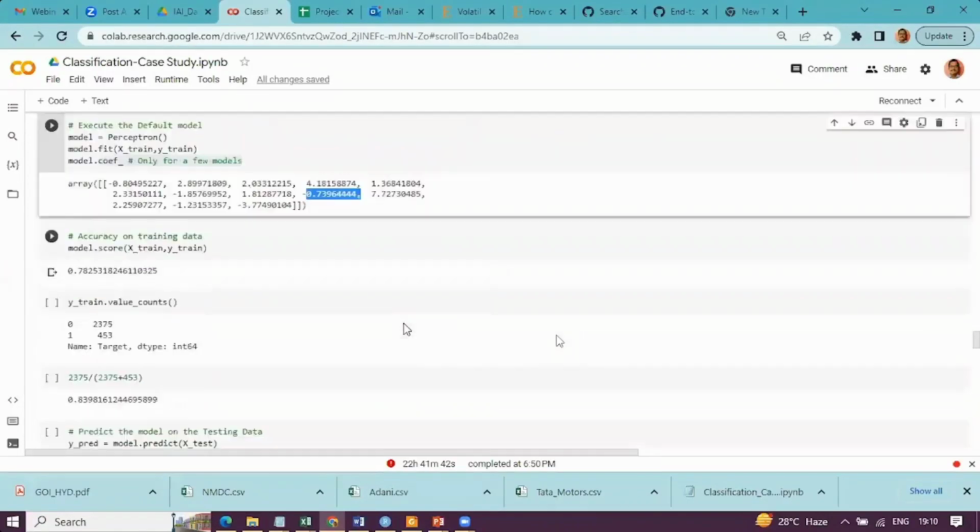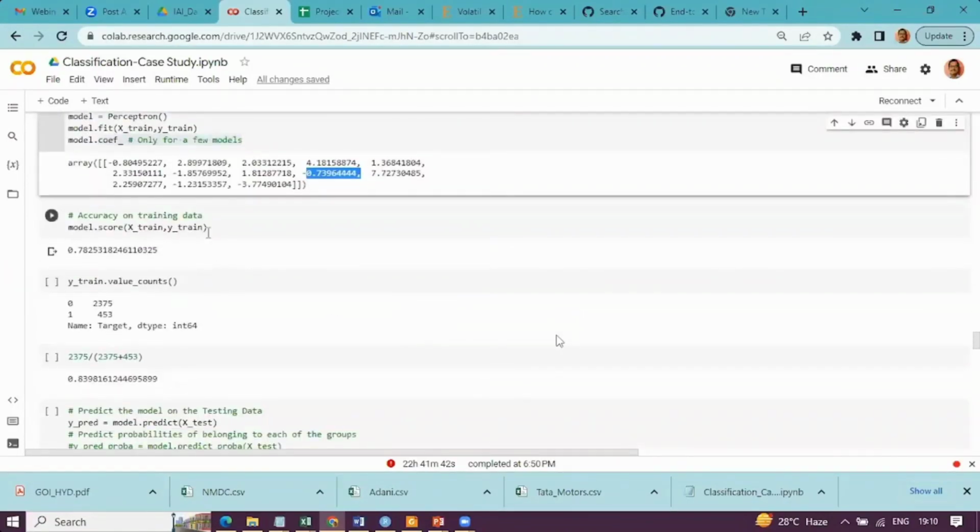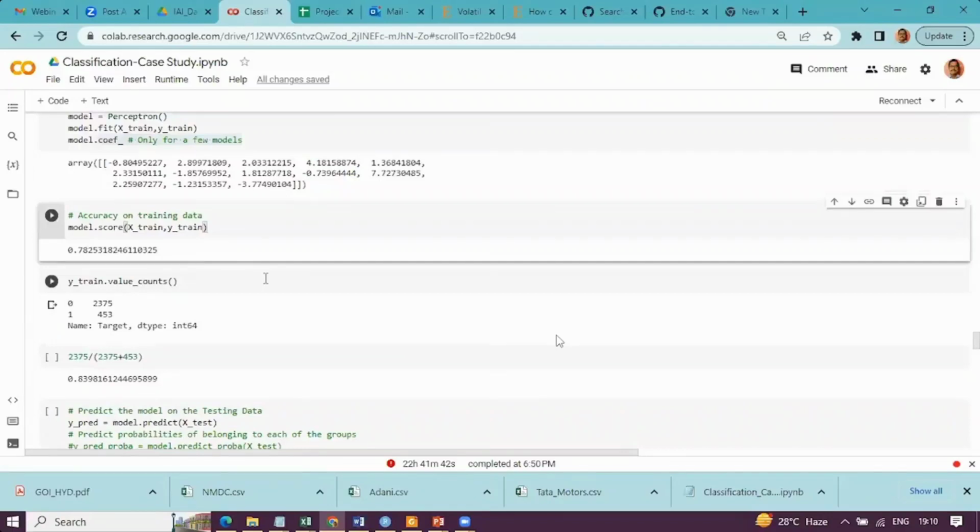But more than the variables, the first step we will do is score the model on the training data itself. Scoring it on the training data is primarily to ensure whether there is any kind of underfitting.